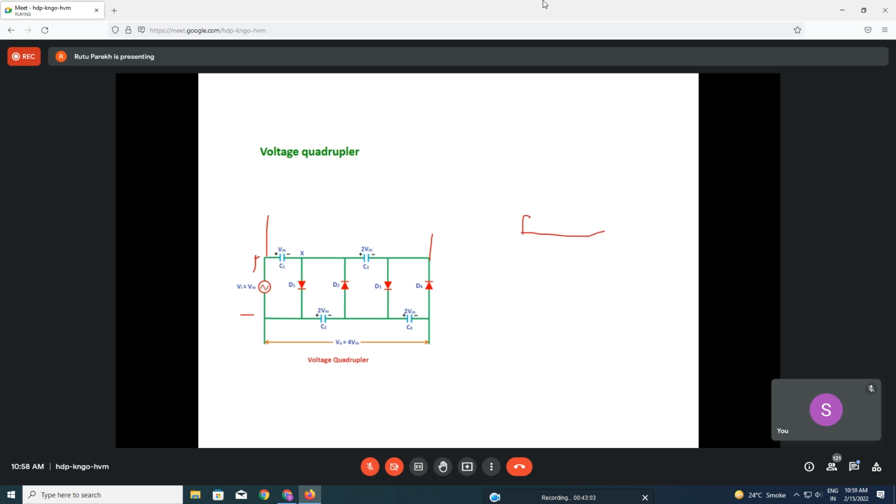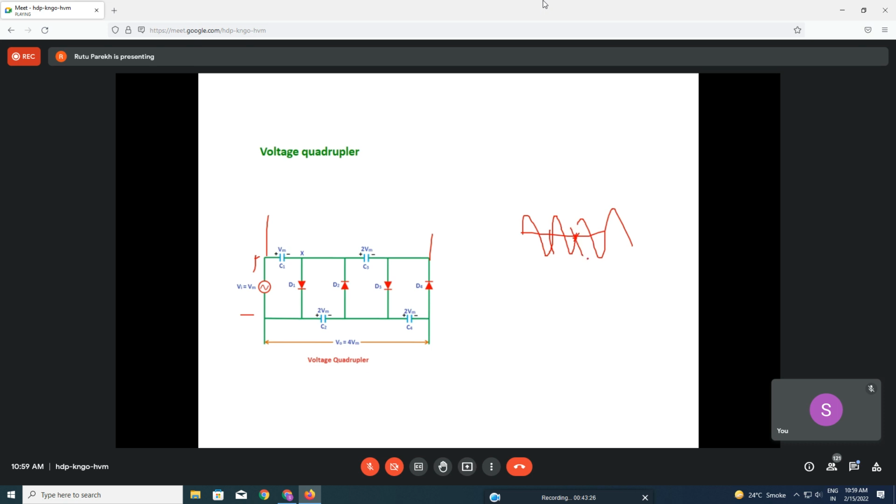So up to here it is all preparing itself. Here only you will get 4 times, and then it will remain. First is the preparation, right? So up to here you will not get 4 times. Here only you will get 4 times.